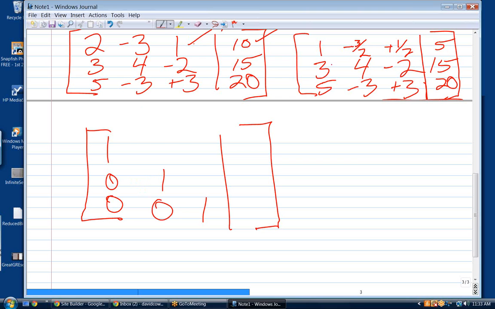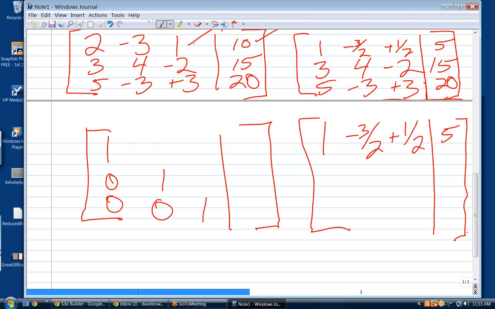Well, notice that I can add the second and third rows together. What will that give me? Well, first row stays the same. If I add rows 2 and 3 together and replace row 2, which I'm allowed to do, I get 8, 1, 1, 35. Now I got that and that.